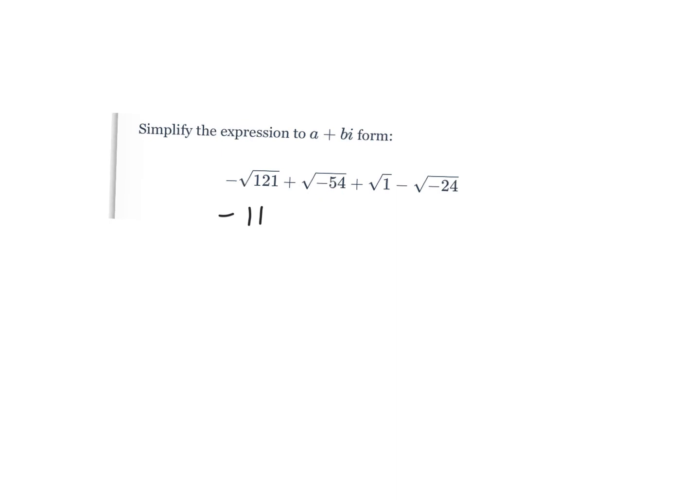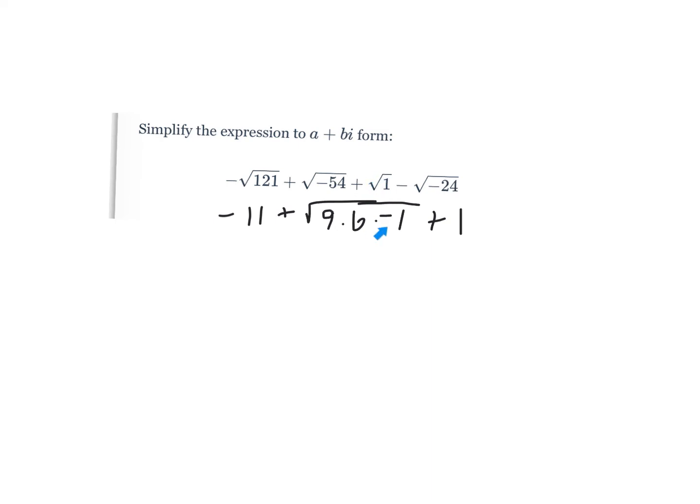Now this one, plus the square root of negative 54. Okay, well, we need to break that down into plus or minus the square root of, and I'm going to say negative, well, let's start with 9. Let's say 9 times 6, and then times negative 1. All right, then I'm going to keep going, plus the square root of 1, which is just 1.